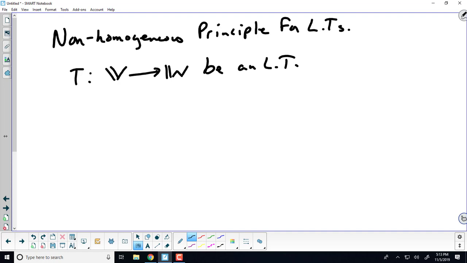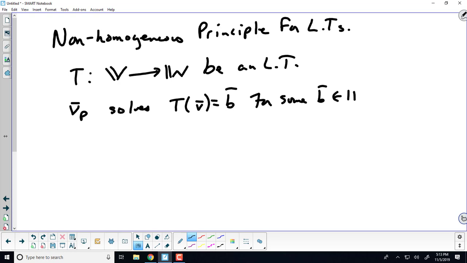And let's suppose V sub p, that's a vector, solves the equation T of V equals B for some B in W space.